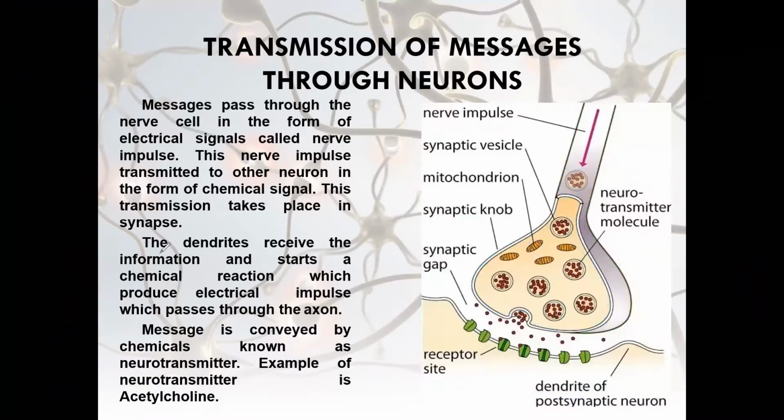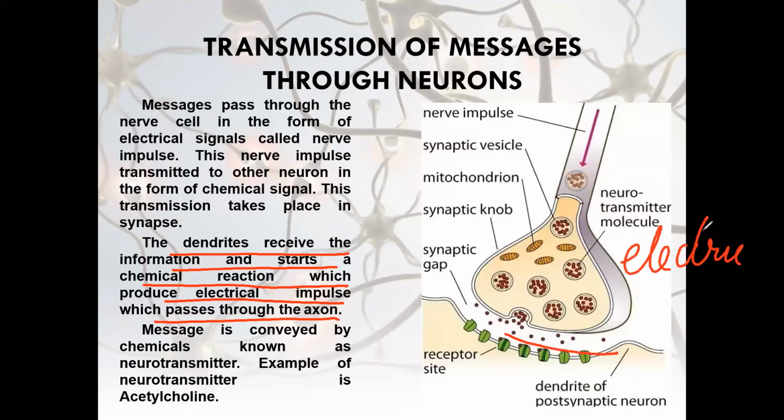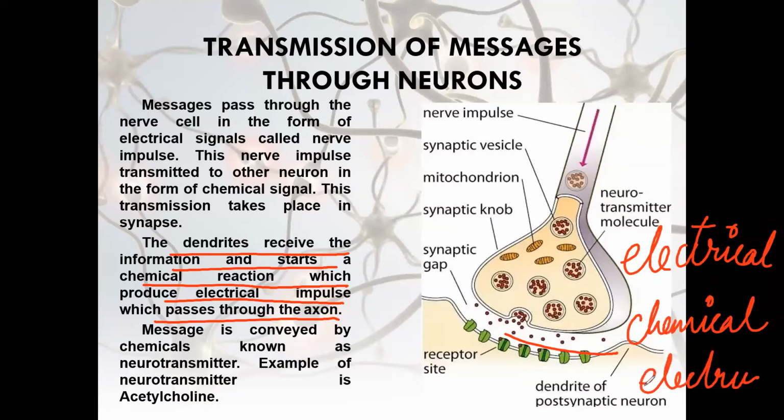The dendrites receive the information and start the chemical reaction which produces an electrical impulse which passes through the axon. Here at the dendrites, we can write electrical, which is converting into chemical and again electrical.